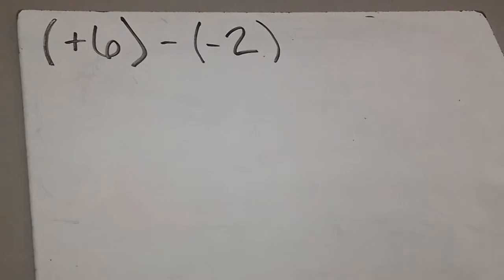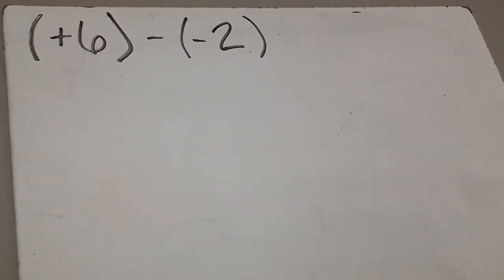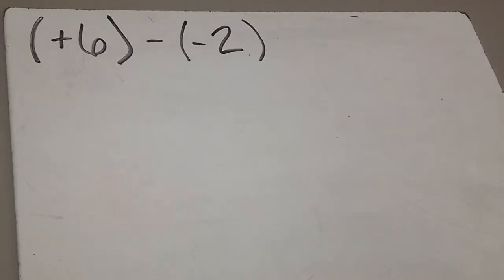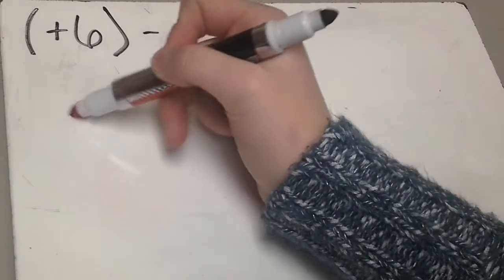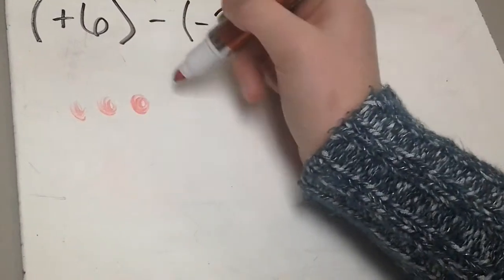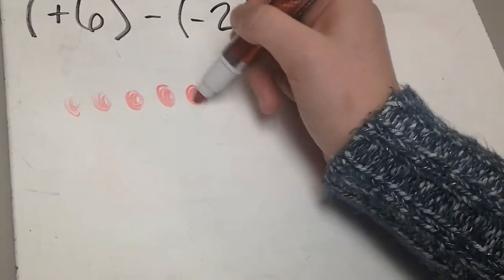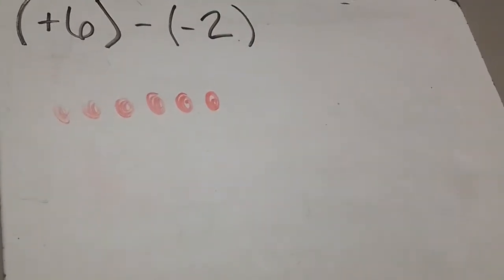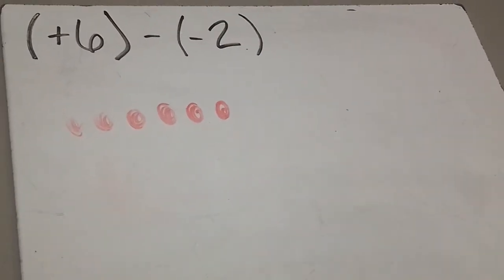For our last example, we will have +6 subtract -2. So we will start off by drawing +6 counters. And because there are no negative counters, you will have to add 2 zero pairs.